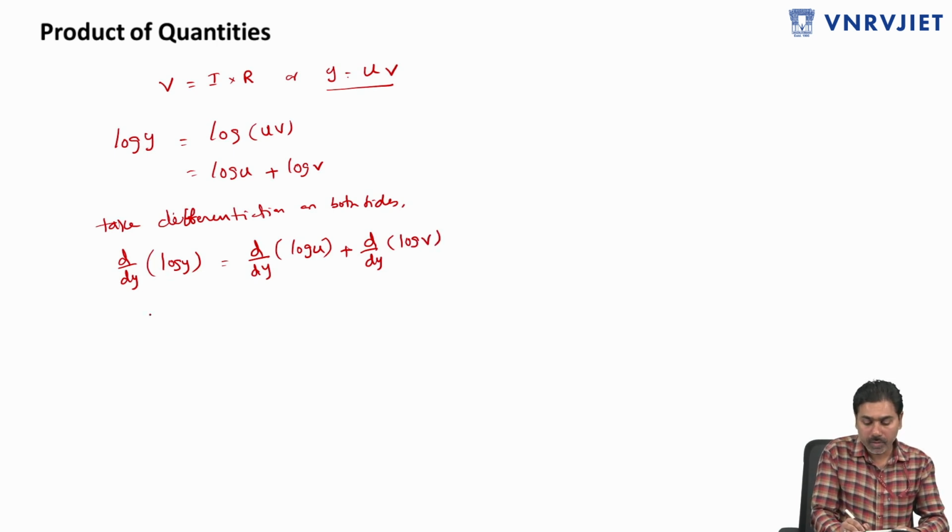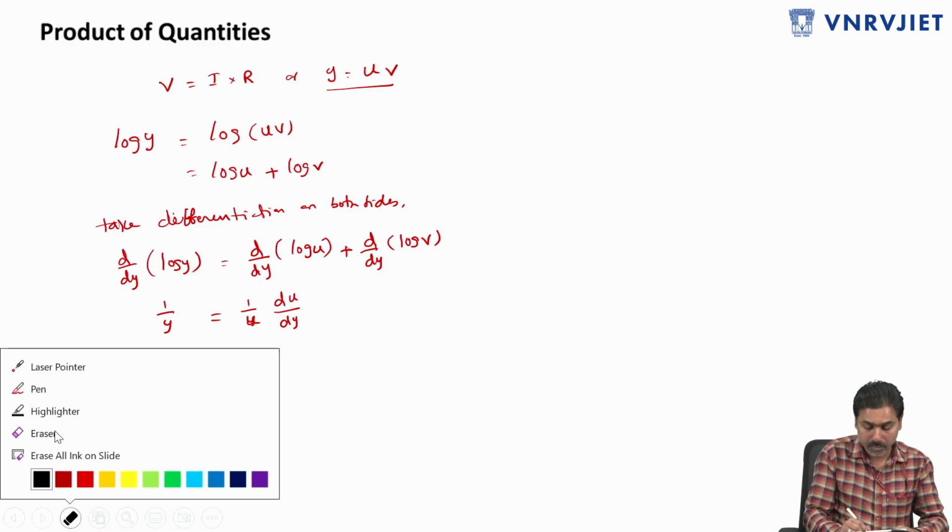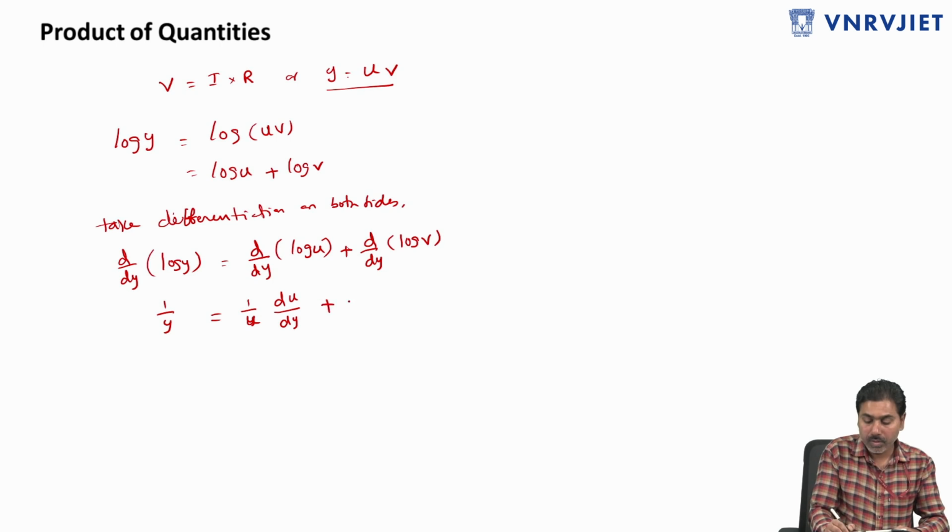The differentiation of log y is equal to 1 by y. This is equal to, the differentiation of log u is 1 by u, but since the differentiation is with respect to y, we'll have du by dy, plus similarly 1 by v dv by dy.